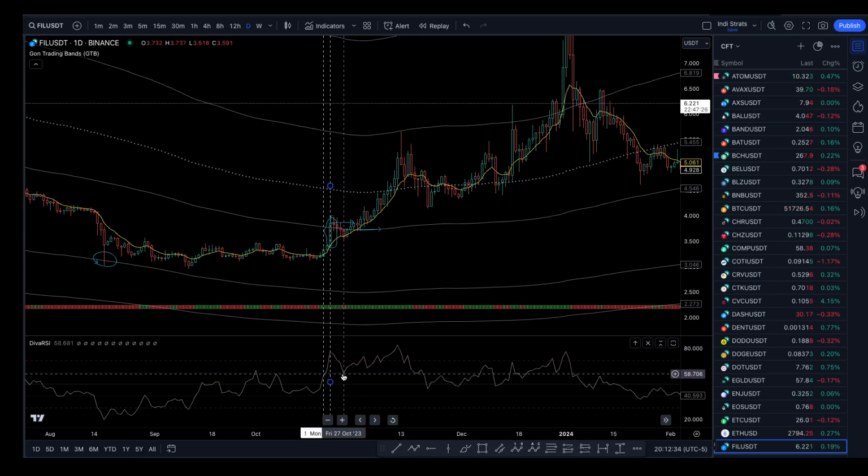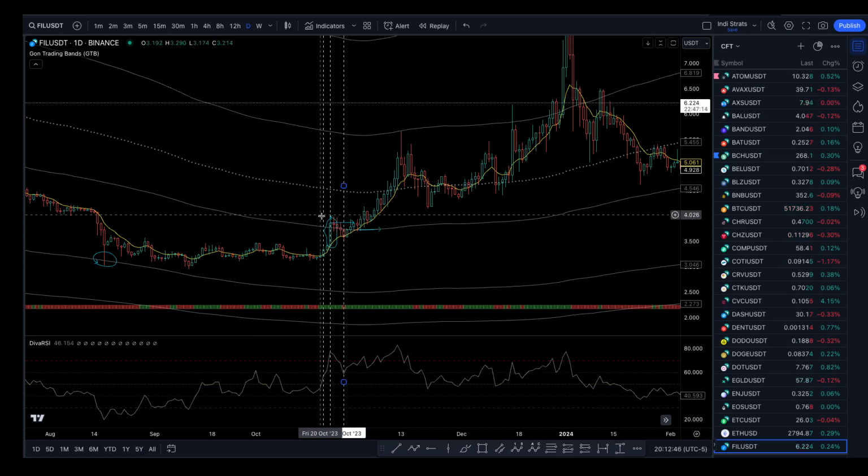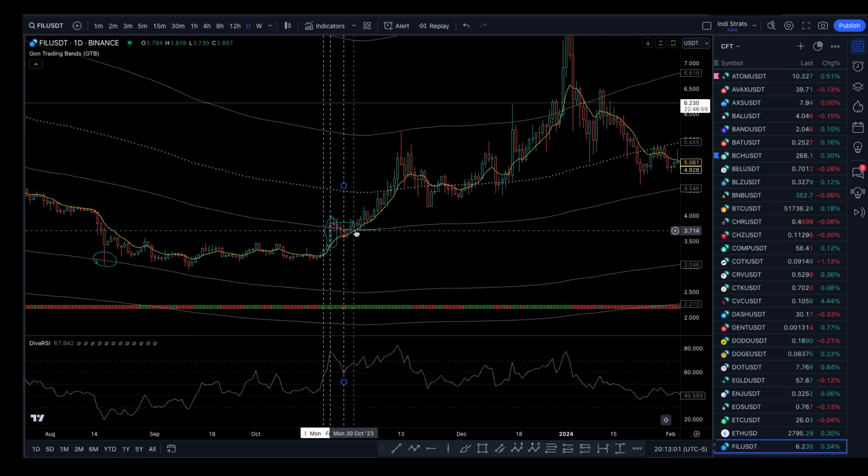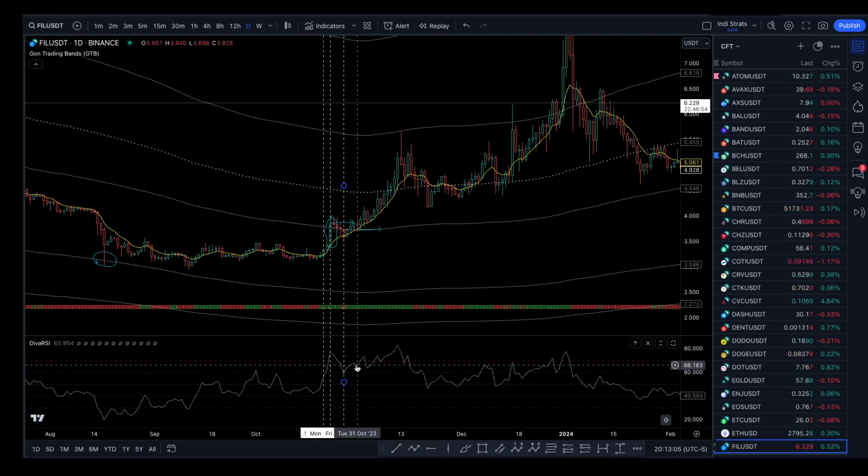And what happens? When the relative strength line gets retested, the 60 level on the DivaRSI also gets retested. So you may miss this move if you only stick to the bands, but if you have added confluence, like here it starts pushing through, like I explained, and the RSI is above 50, very nice.